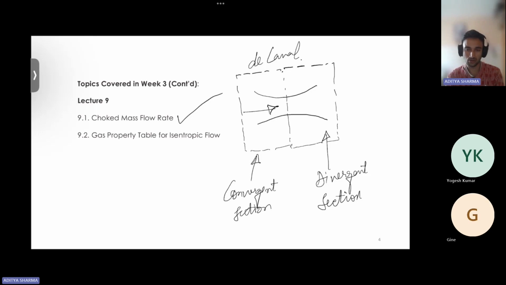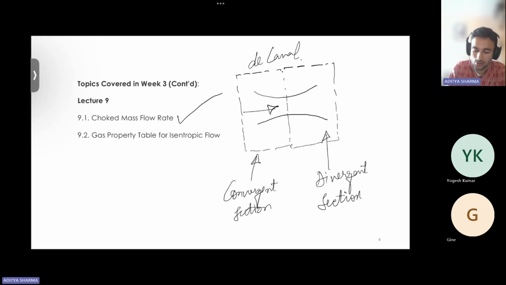The name is based on the inventor of this particular nozzle. All right, so choked mass flow rate has been discussed, and what is the choked condition?